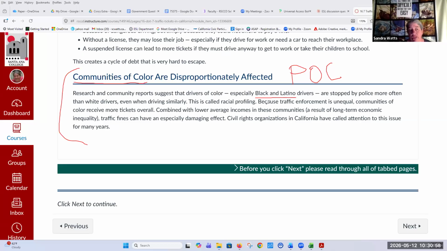So if you're giving more tickets to low income people, people of color, it's not fair. A lot of these communities are already not wealthy. So when you're giving more and more of the tickets to poorer people, it's a problem.